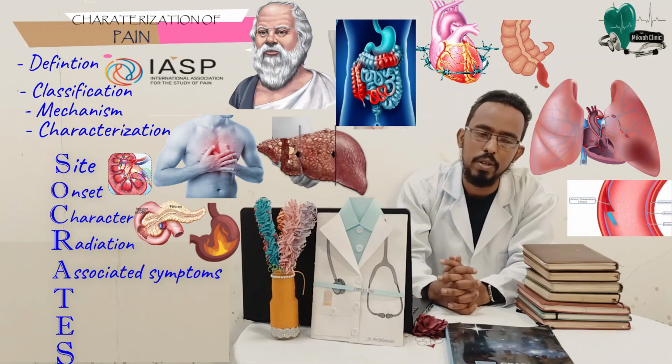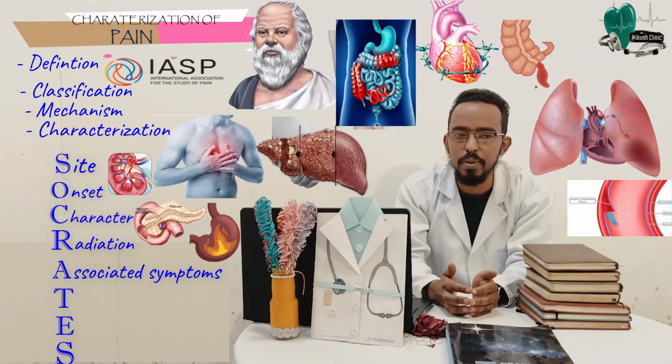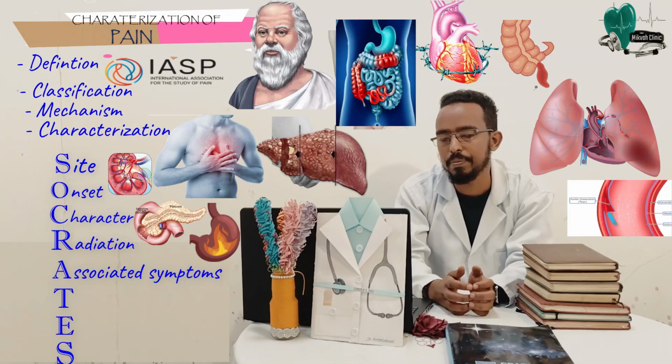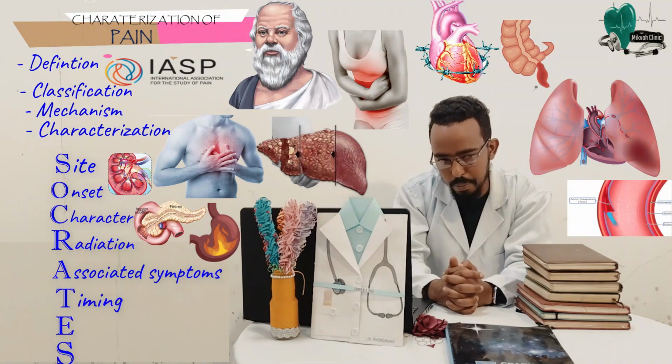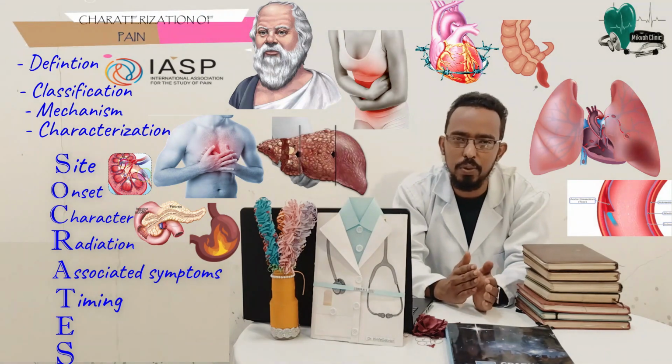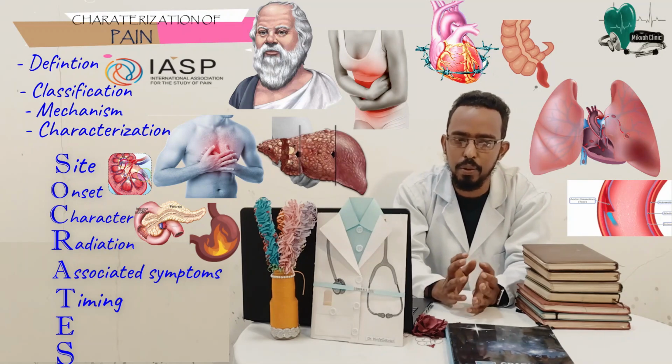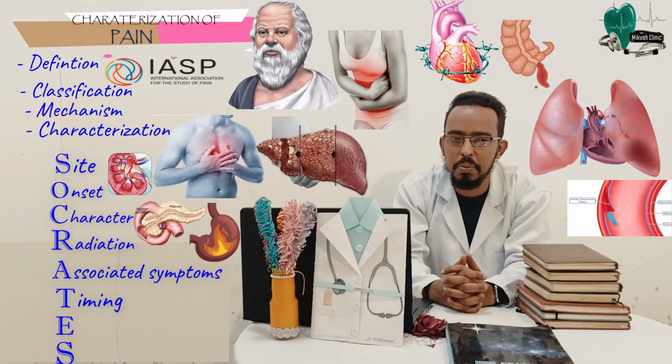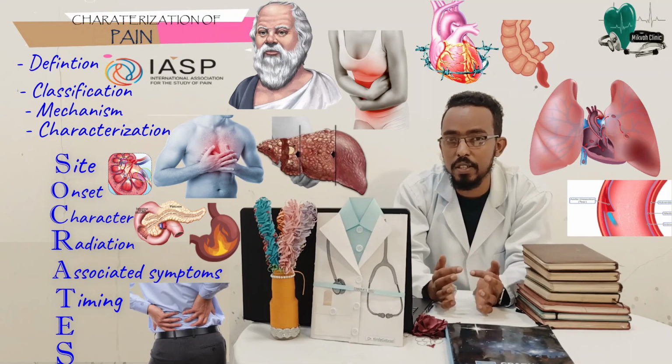The fourth one is radiation. This is an important point. Radiation is associated with, especially for visceral organs, pain arising from the abdomen, from the chest, may radiate to different body parts.